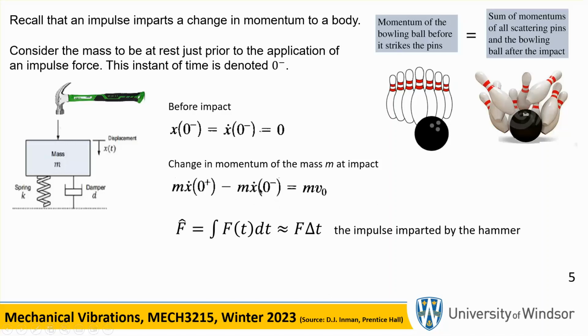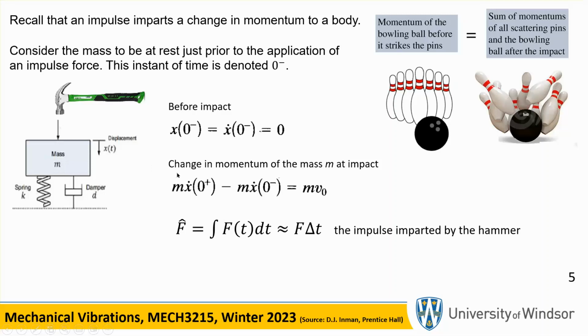Just look at this, okay? This is the momentum after the hammer hits it. This is the momentum before the hammer hits it. This one is zero, we already know that. And let's call this velocity x dot zero plus, v naught, the initial velocity of the block.